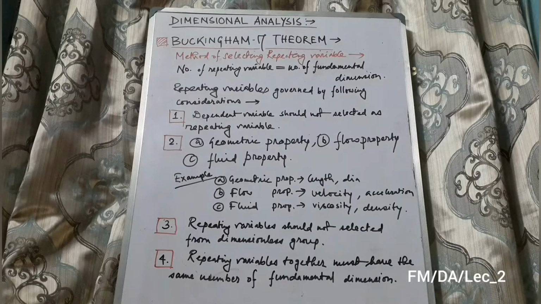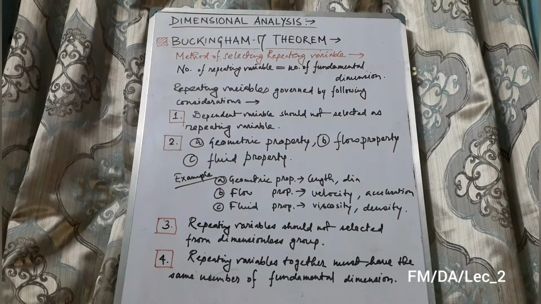Now we will discuss the method of selecting repeating variables. Before discussing how to select the repeating variables, we have to remember that the number of repeating variables is equal to the number of fundamental dimensions.